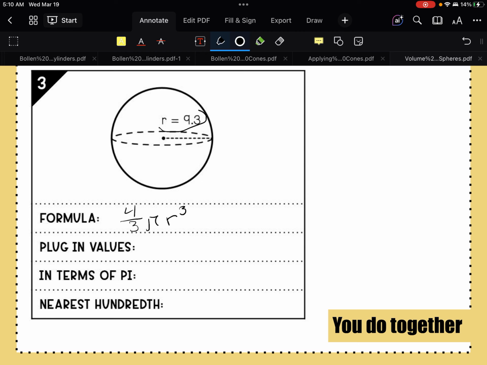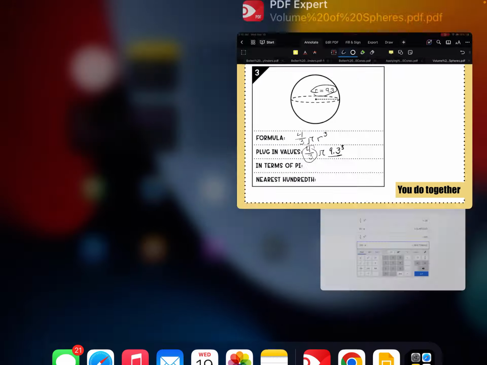This time they gave us our radius, so we have 4/3 pi 9.3 cubed. So we're just going to multiply 4/3 and 9.3 cubed here to get the answer in terms of pi.